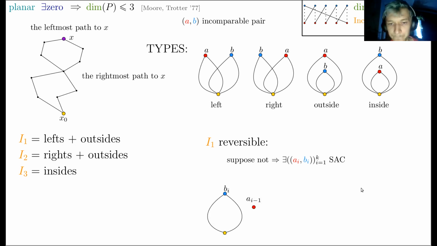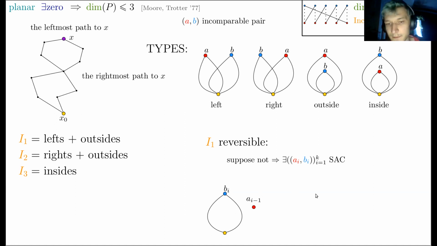Okay, so I start with some Bi, and I want to argue that A(i-1) is inside a region which is bounded by the leftmost and the rightmost path to Bi. Yes, so Bi is an element here, and A(i-1) is an element here, which is below Bi.